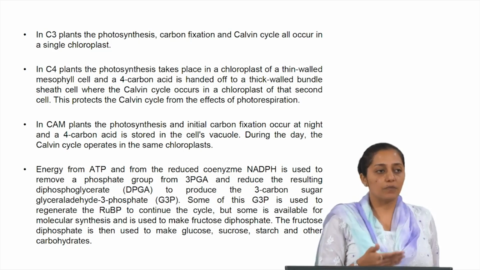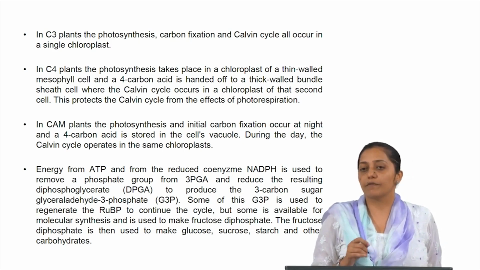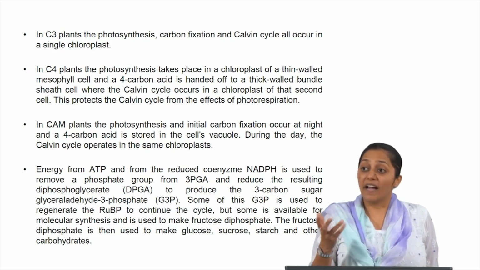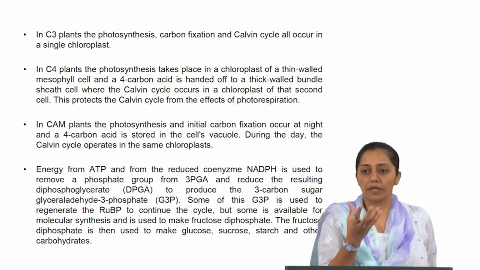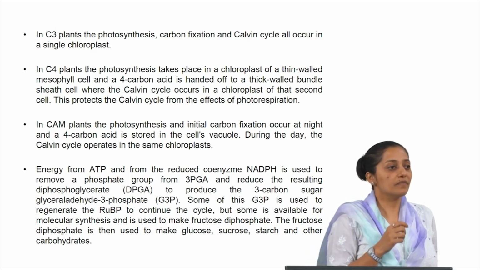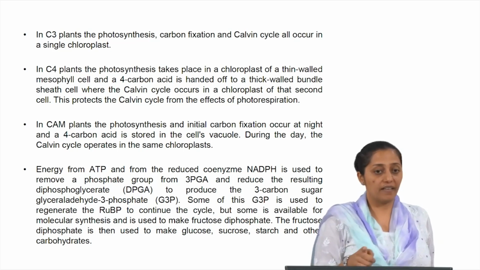Now there is one other kind of metabolism which is called CAM metabolism, which is found in succulent plants. Now why succulent plants? These leaves are plump with a lot of water content. There is a reason why they become plump with a lot of water content, because of the 4-carbon molecule, which was malate.